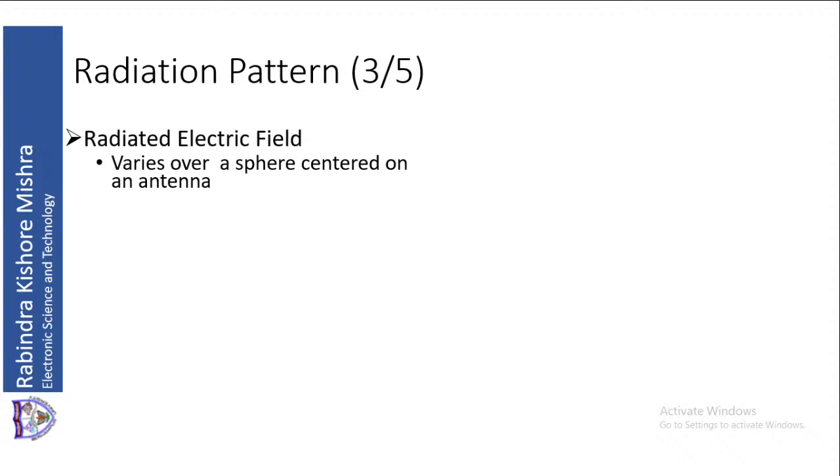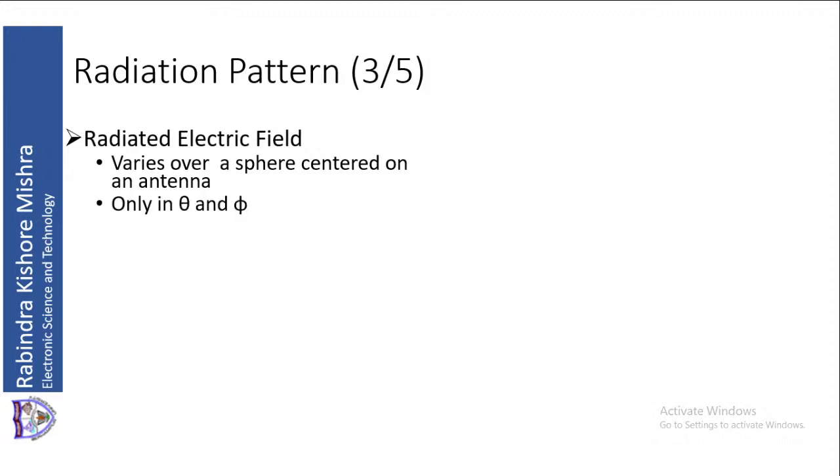Then the radiated electric field varies over a sphere centered on the antenna. That is what we saw in the beginning. So you have put the antenna at the center of a sphere. The radiated electric field varies over the sphere centered on the antenna. For finding the radiation pattern, this is how we visualize it.